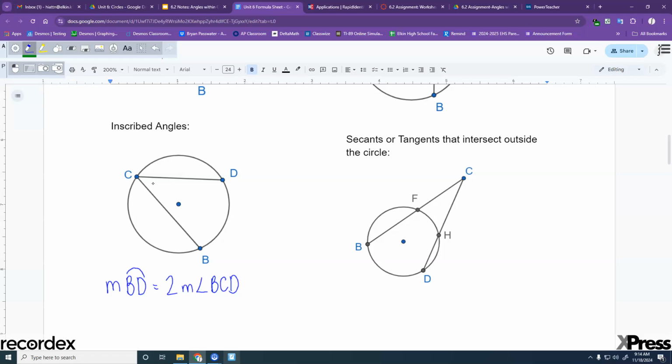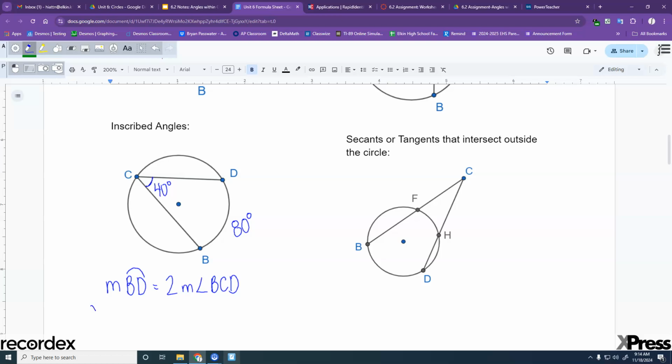I think a lot of times it's more helpful to have some number examples to see what is happening. So if arc BD was 80 degrees right here, what would the measure of angle BCD be? It would be 40 degrees.